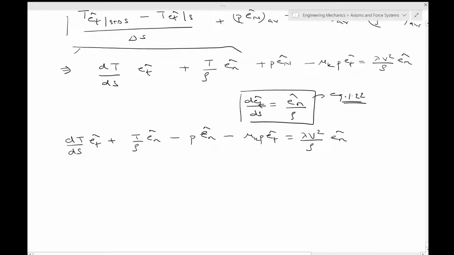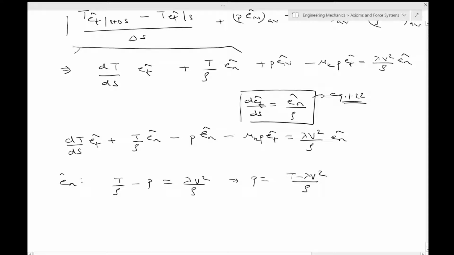Taking the en direction separately, t by rho minus p is equal to lambda v square by rho. This implies that p is equal to t minus lambda v square by rho.